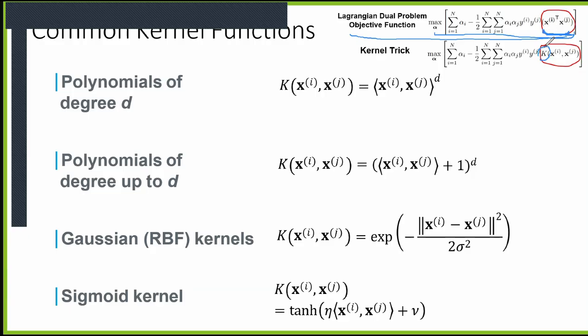By applying the kernel directly to this dot product, we don't have to explicitly transform each x into the higher dimension, but get the same effect by using this trick of applying the kernel directly to part of the objective function. The different kernel types available are here, which we could find in machine learning libraries like scikit-learn.